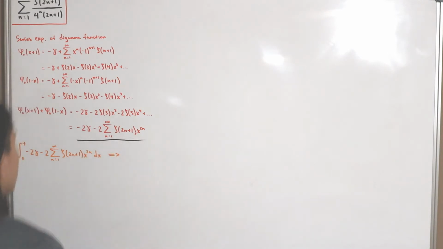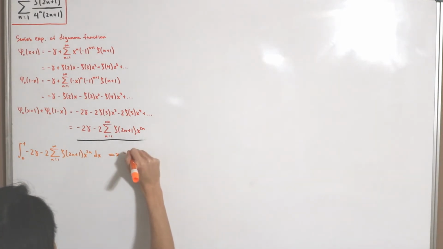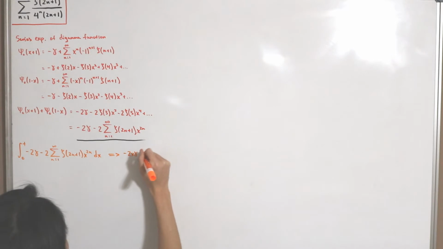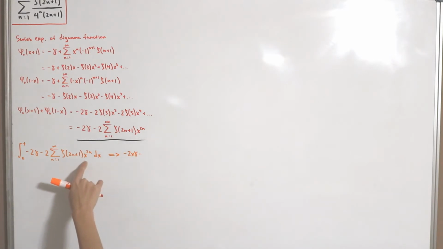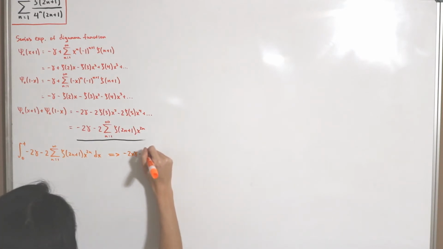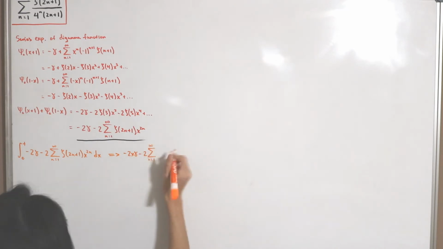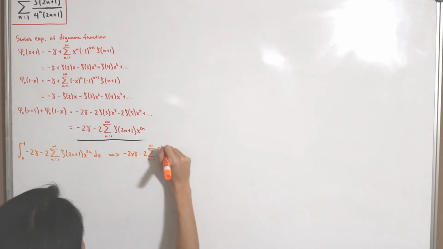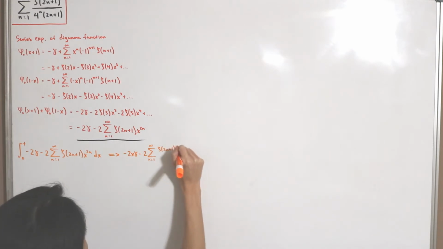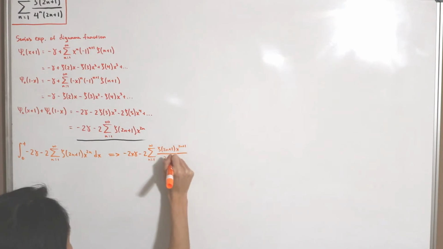That's not that hard to show. It's just negative 2 times x multiplied by gamma, minus, and we can use the power rule here, so x to the 2n plus 1, divided by 2n plus 1. So it's minus 2 times the infinite series from n equals 1 of Riemann-Zeta 2n plus 1, x to the power 2n plus 1, divided by 2n plus 1.